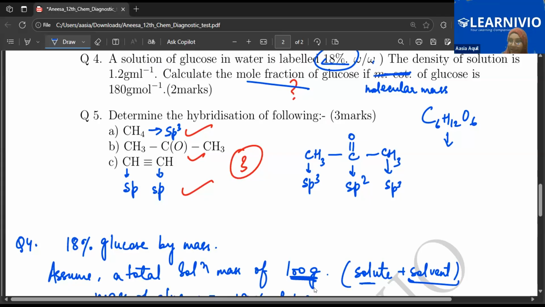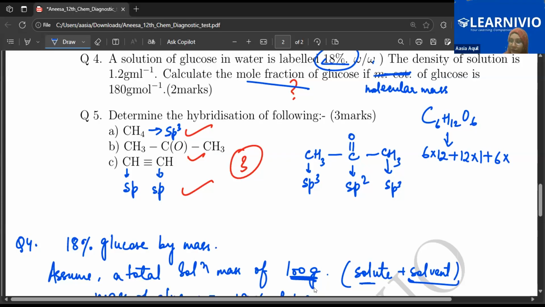Now see, there are 6 carbons, and what is the atomic mass of carbon? It's 12. 6 multiplied by 12, plus how many hydrogens are there? 12. What is the atomic mass of hydrogen? 1. How many oxygens are there? 6 into... And what is the atomic mass of oxygen?